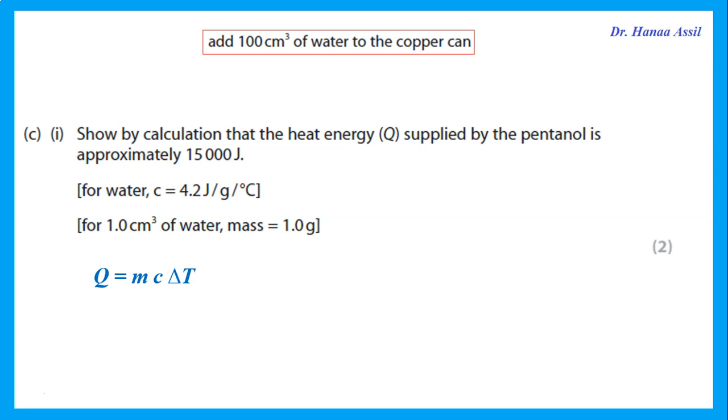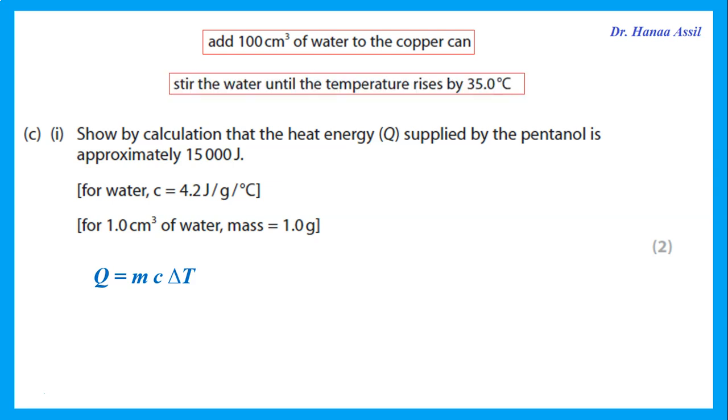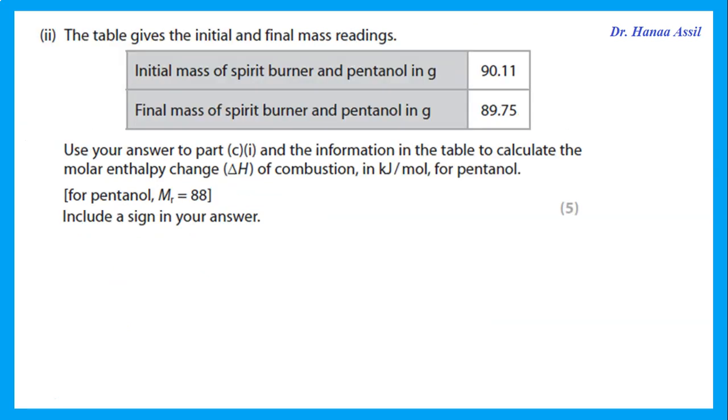So the m is 100, the c is a constant, it's given as 4.2, and the temperature change, delta T, the question says there is a temperature rise of 35, so that is our delta T. Multiply all of them together, this gives about 15,000 joules. Remember that the answer for this equation is in joules.